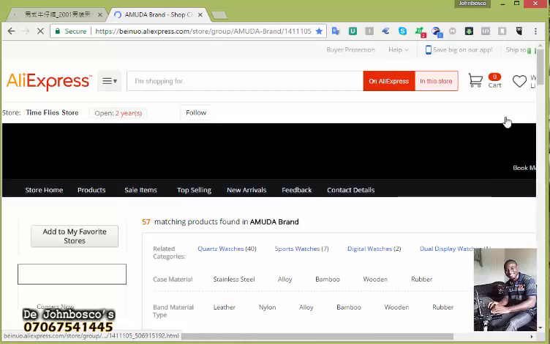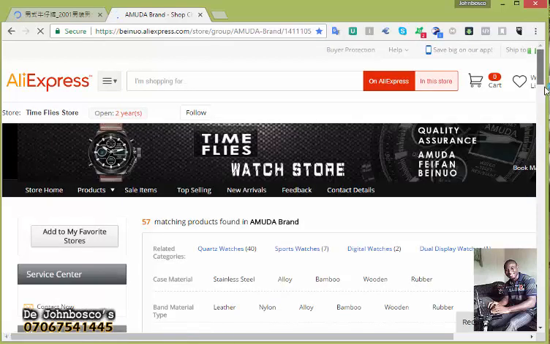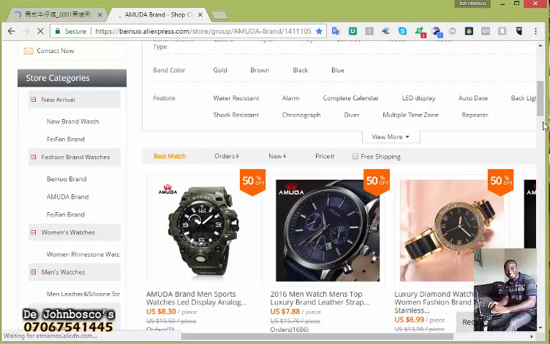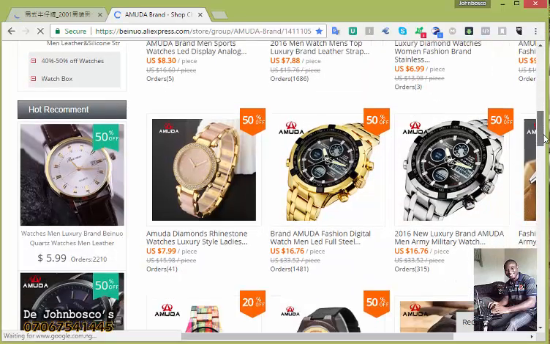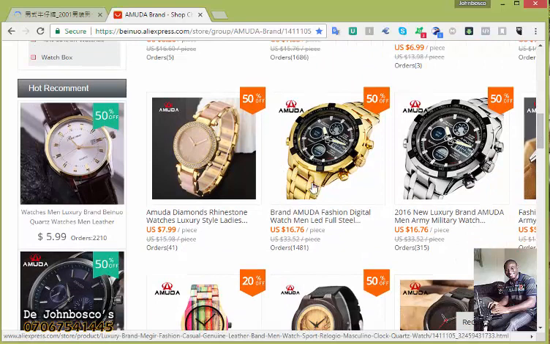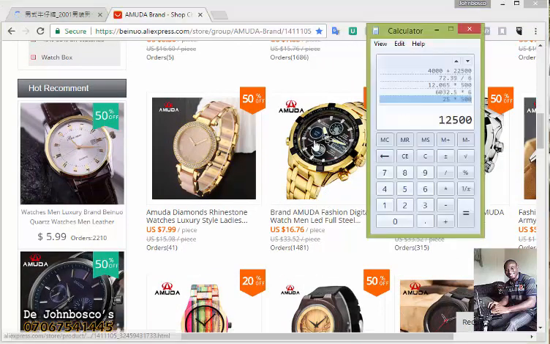For the shipping, I bought a number of them, so let's say the shipping totally cost me 600 each. I'm taking an average. So for one wristwatch, I spent 5,600. Now, to determine the price, first of all, I will go and search on konga.com.